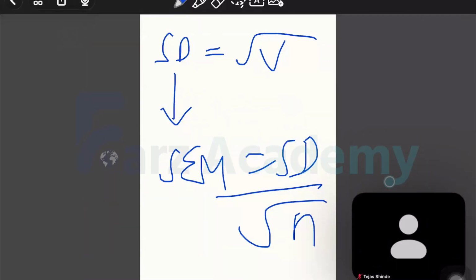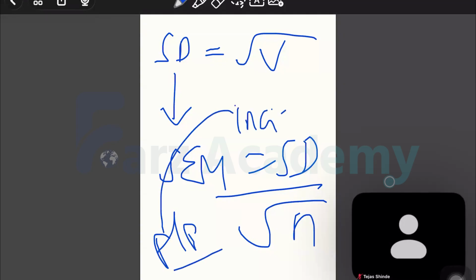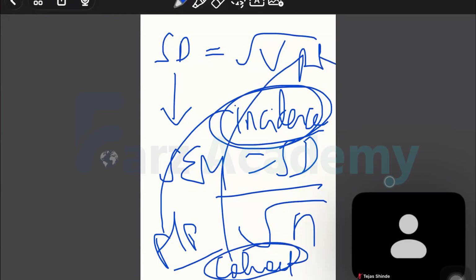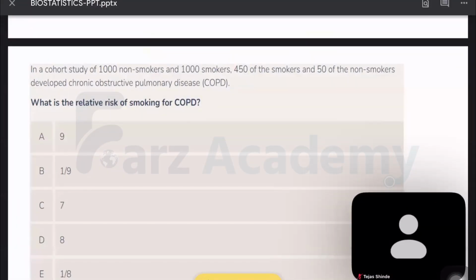And cohort study has a component of follow-up. That is why cohort studies are used to determine incidence. Why? Because in incidence, you have to see new cases, not already established cases, or go retrospect and see whether that person was a case of that disease or not. That is why to calculate incidence, you need cohort studies. In cohort, you calculate relative risk. Okay, so the answer is 9.